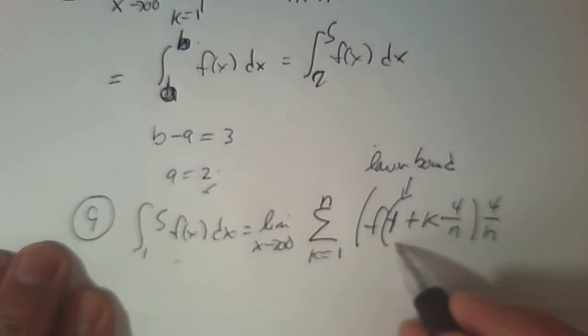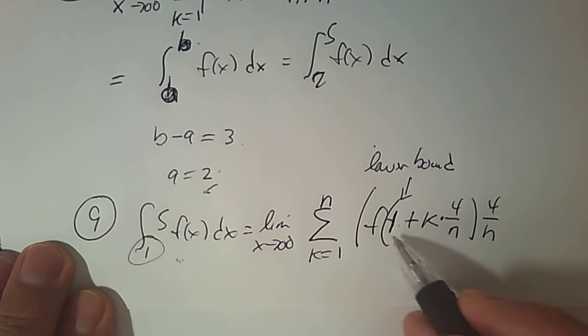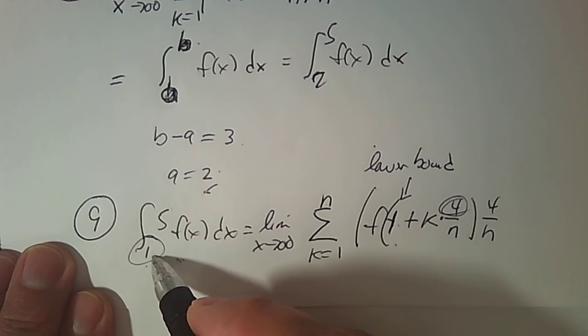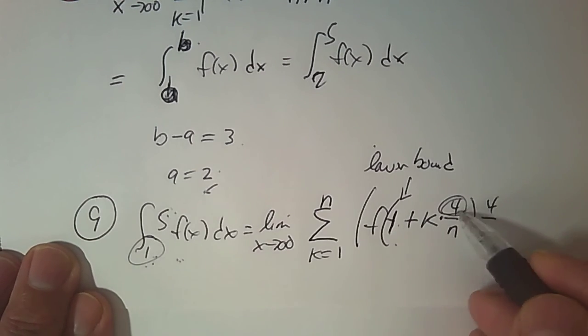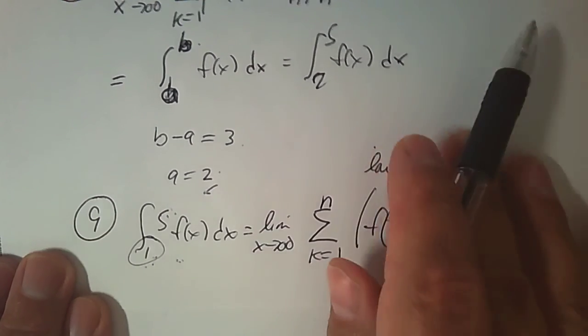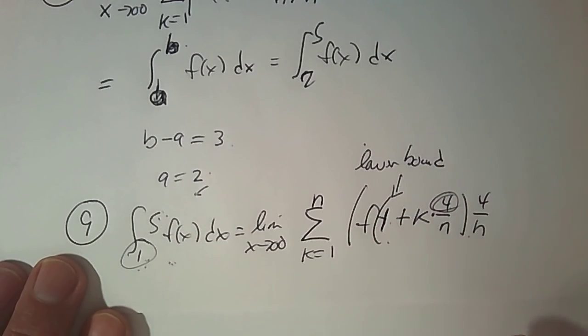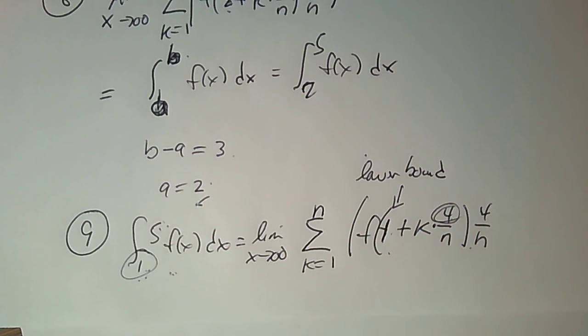That's where the 1 comes from, the lower bound, your A, if you like. And then this 4 comes from subtracting: 5 take away 1 gives you that. Notice it has the same form as above, so think of it as a formula or a template. That's why I hate it, just plugging into that kind of template. So it's something you might see, may not. I wouldn't sweat about it.